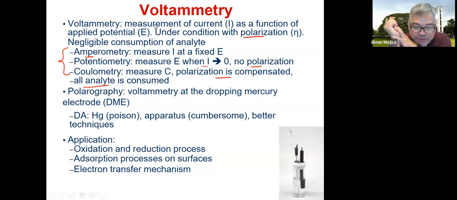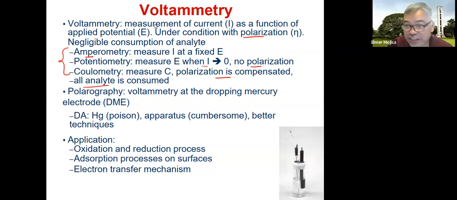So when you undergo polarization, you have a polarized electrode. What happened there? You applied a voltage in excess of that predicted by the Nernst equation, and this caused redox, either reduction or oxidation, to occur.